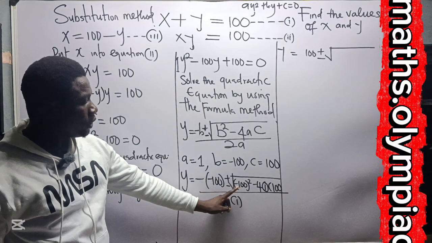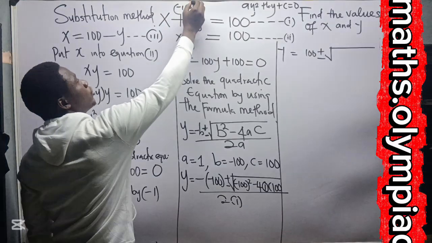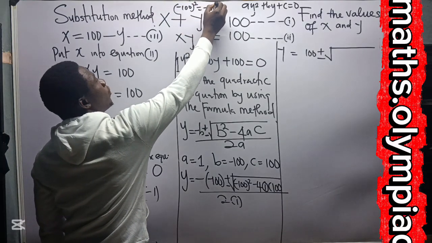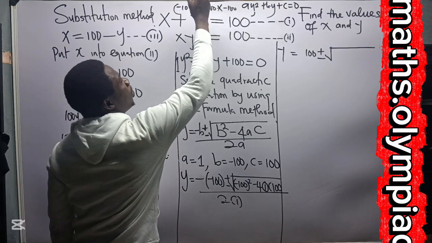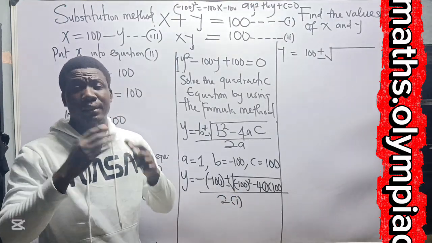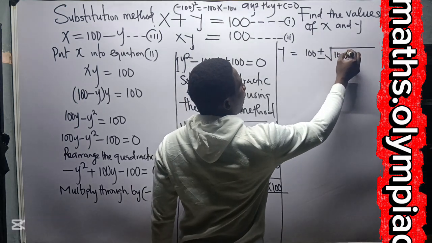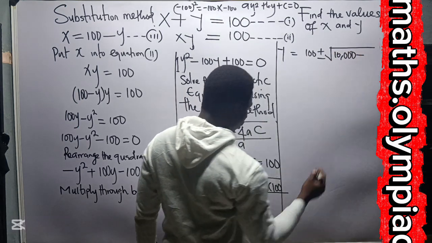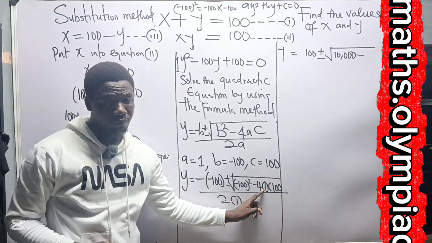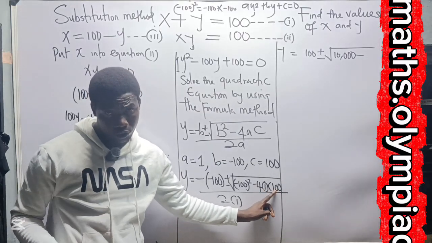If I square root negative 100, like if I have minus 100 squared, it means minus 100 times minus 100. So if I multiply these two, I'm going to get 10,000. So you have 10,000 minus 4 times 1 is what? 4. Times 100 is 400.